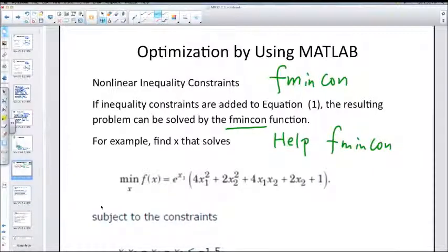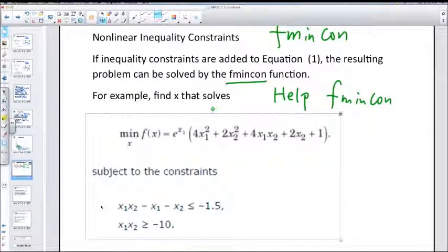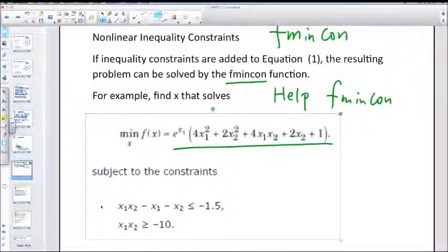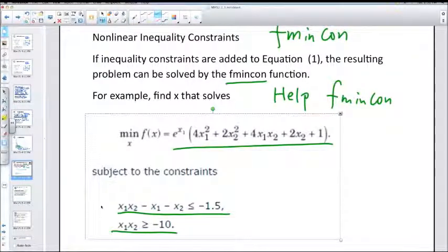Now, our example is to minimize the same objective function, but under two inequality constraints. So those are the two constraints.